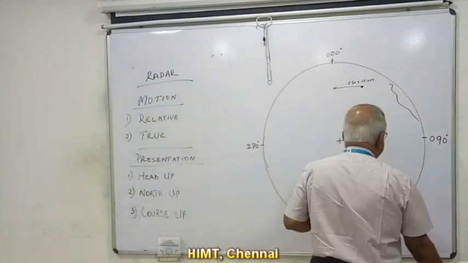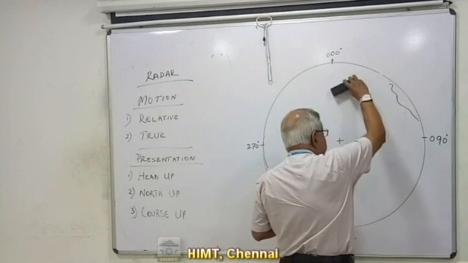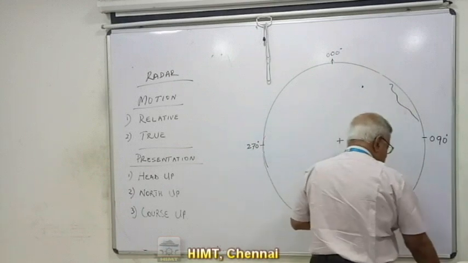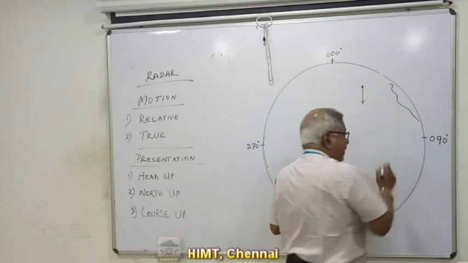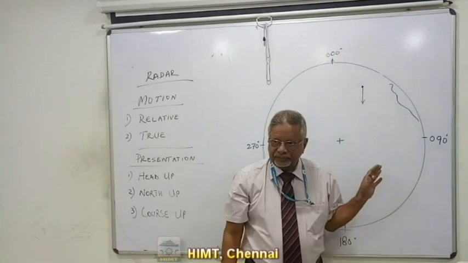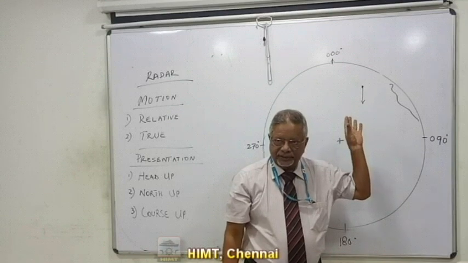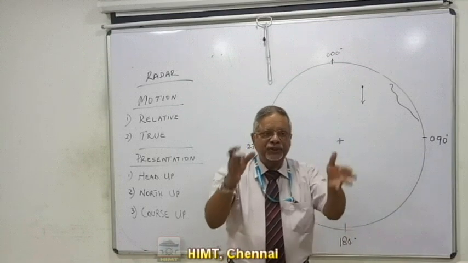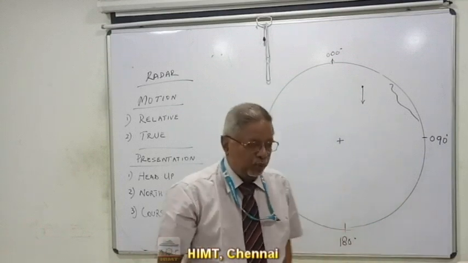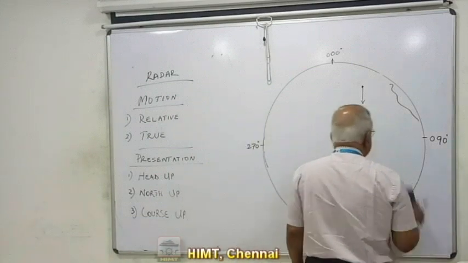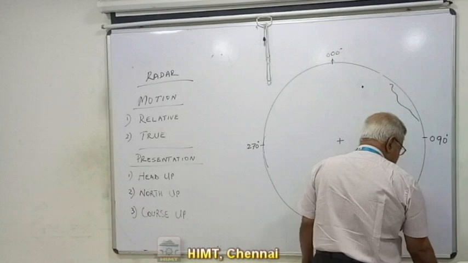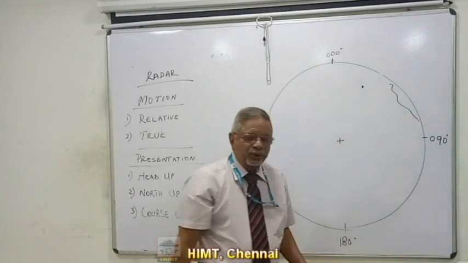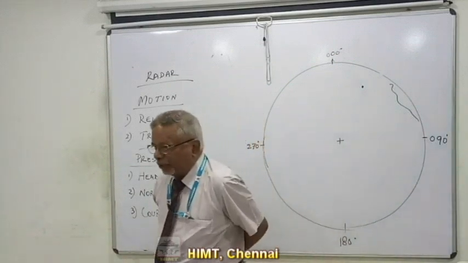Suppose this was an island or a rock, etc. Then this would move in the opposite direction, like the land, because it is stationary. And it will move at the same speed as your own ship's movement. But suppose this was a ship and it has got a course and speed, I told you a course of 270 and the speed of 15 knots.